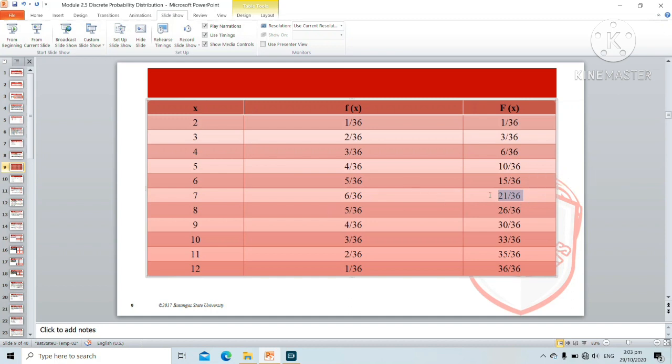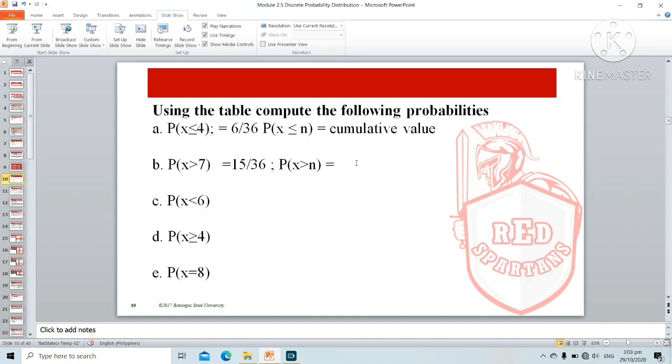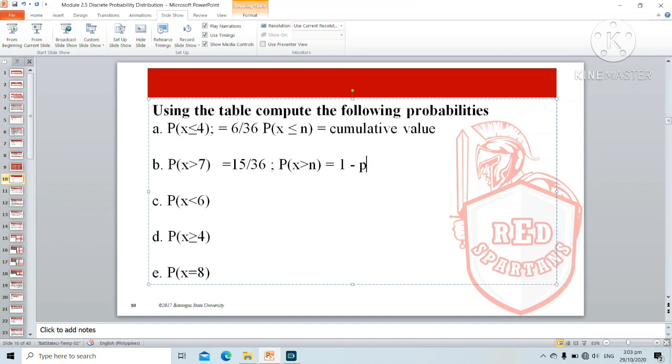Ibig sabihin, ang ating formula ay 1 minus the probability ng x is less than or equal to n.